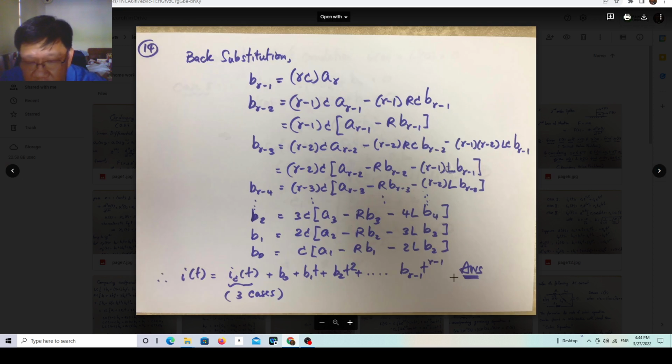So you can find b sub 0 up to b sub r minus 1 using this relationship. Because once you know the index of a small r, and then you know the value of a0 up to a sub 1, a sub 2 up to a sub r, and you know the RLC values, you can substitute using this recurrent relationship.